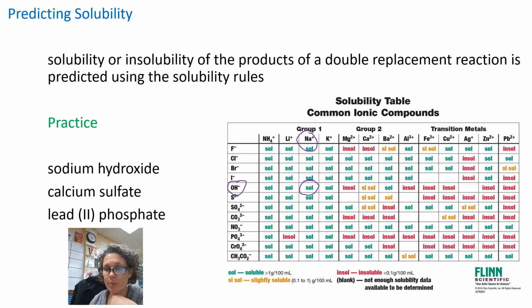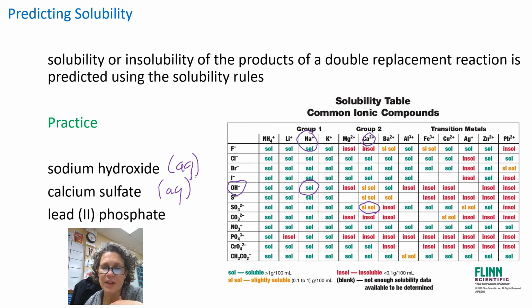When you are labeling this in an equation, that would be aq. It dissolves in water. It is soluble. Calcium sulfate, here's calcium, and then sulfate is, let's see, right down here, it says slightly soluble, so it's still going to dissolve. That one typically you would probably put aq.